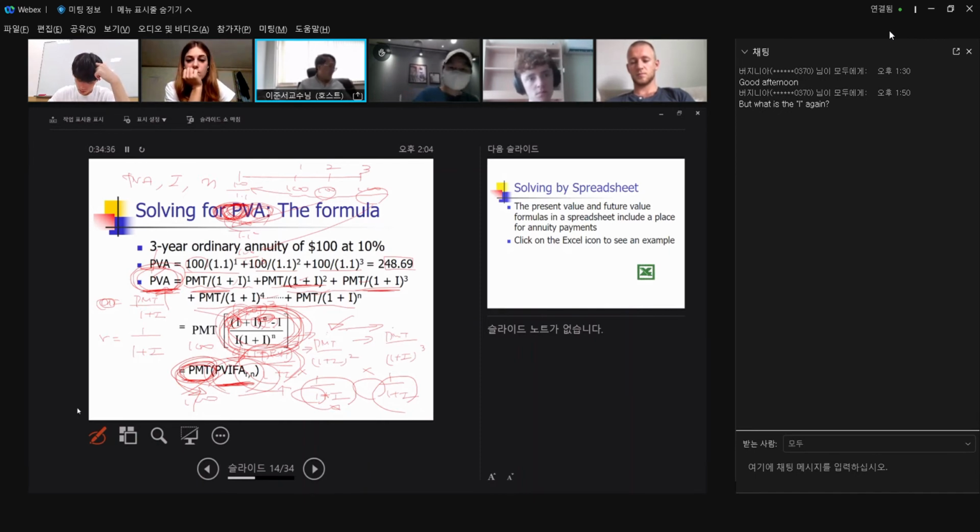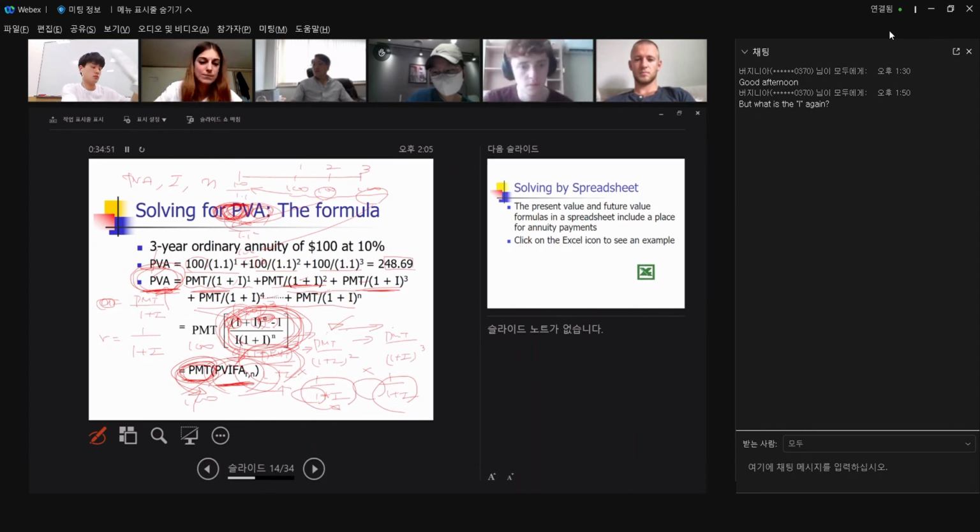The last table provides the information of the present value interest factor of annuity, E4. Again, what is the number?